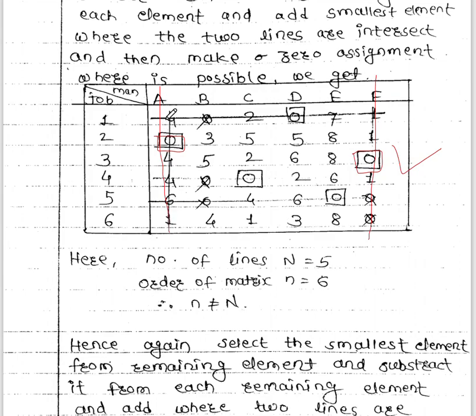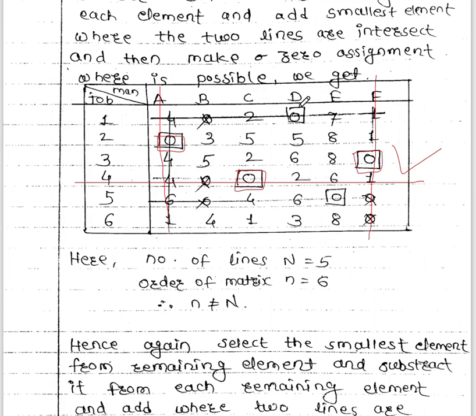Now we will go column wise. In the first column there is already a 0 assigned, so we cannot make another. In the second column there are 3 zeros, so we cannot make a 0 assignment here. In the third column there is only one zero, so we can make a zero assignment here and cross the fourth row.